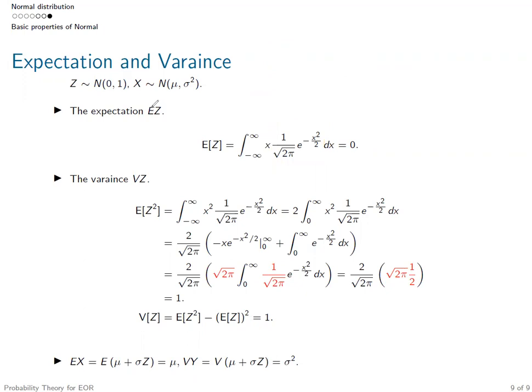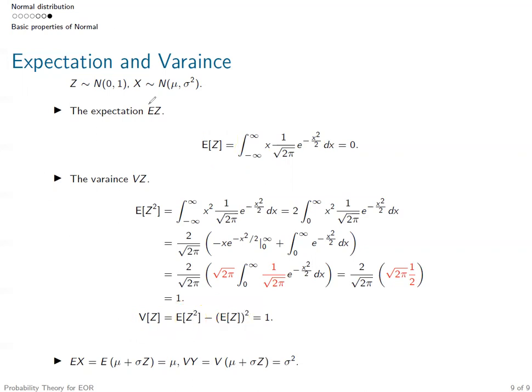How about the variance? We have already calculated the expectation of Z. We know the variance of Z is equal to the expectation of Z to the power 2 minus the average to the power 2, right? Here the average is already 0. Now we only need to calculate the expectation of Z to the power 2.